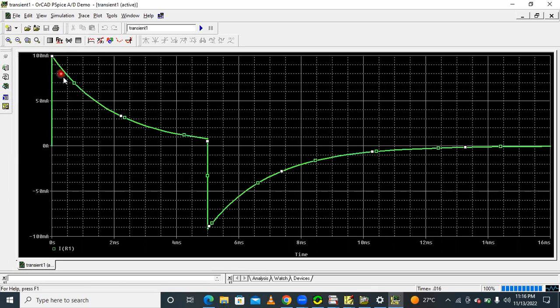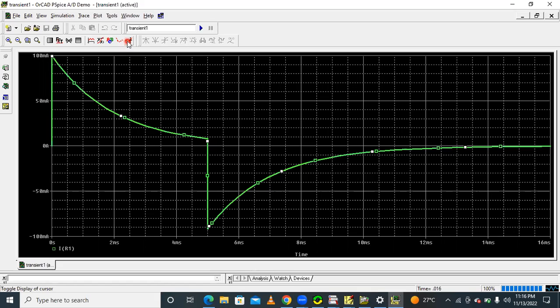The current is decreasing exponentially, from 100 milliamps to 0 amps. This is the way the current is decreasing.